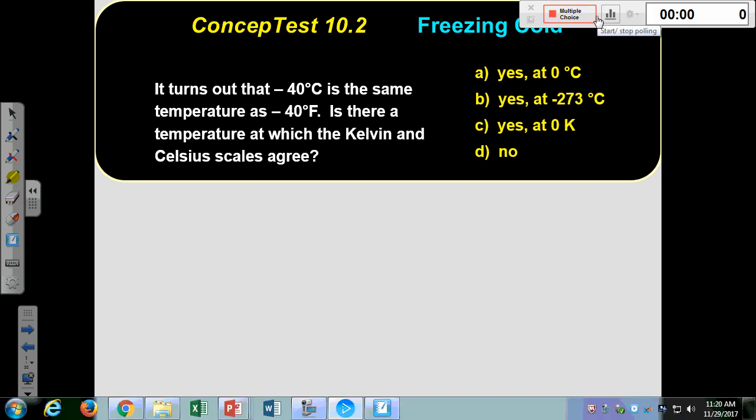Is there a place, and what is it, when the Kelvin and the Celsius scales agree? That is a temperature where that temperature in Kelvin is the same as that temperature in Celsius, because it just turns out that minus 40 Celsius is equal to minus 40 Fahrenheit. Is there a similar temperature for the Kelvin and Celsius scales?